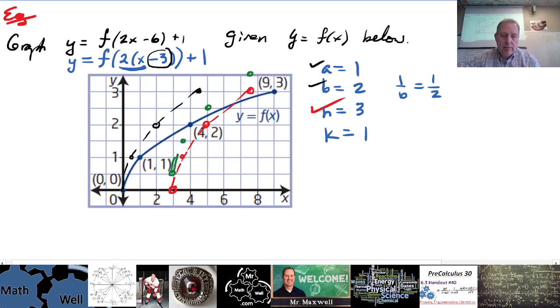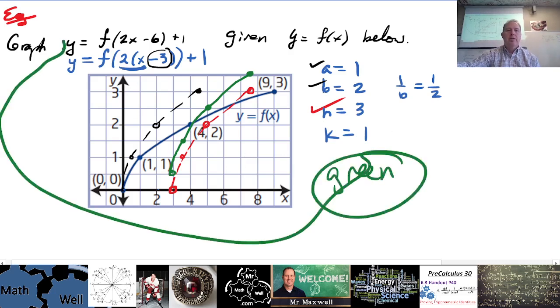Hang on. Right there. Okay? In green. So the green is the final graph, and that is this right here.